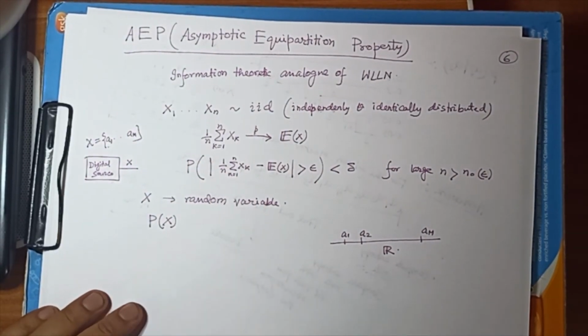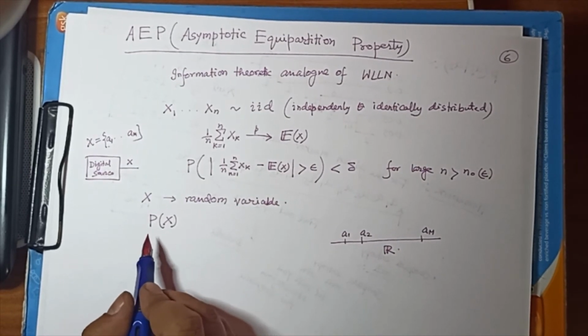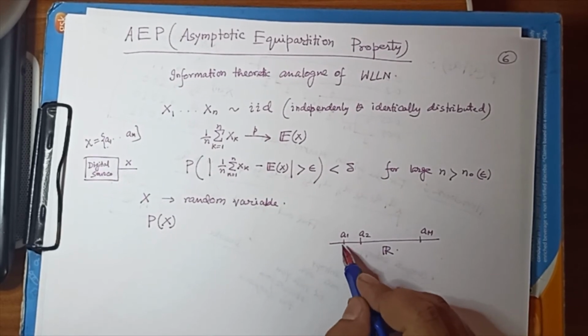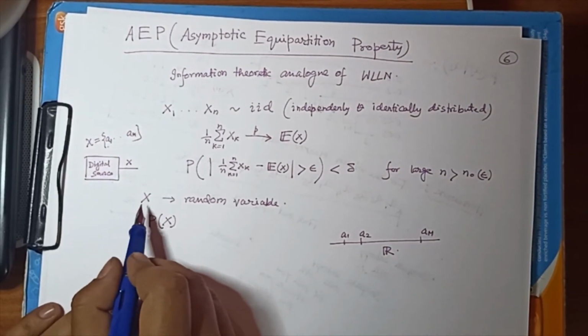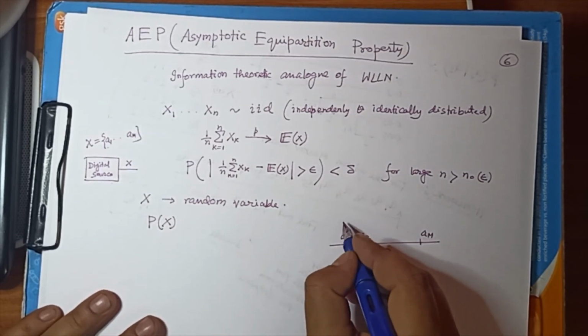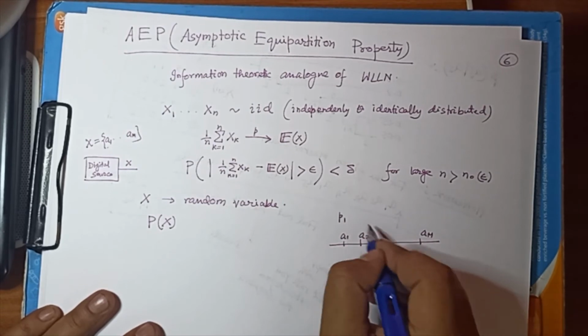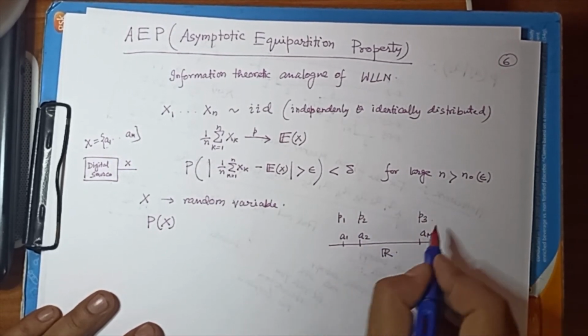Now think of a function of that random variable, which is p(x). P is the probability. We know that every value of the random variable has a corresponding probability. So the PMF basically tells you that x will be a1 with probability p1, x will be a2 with probability p2, p3, up to pm.